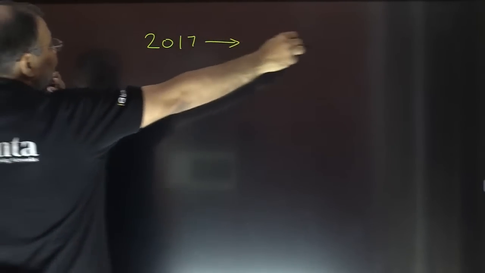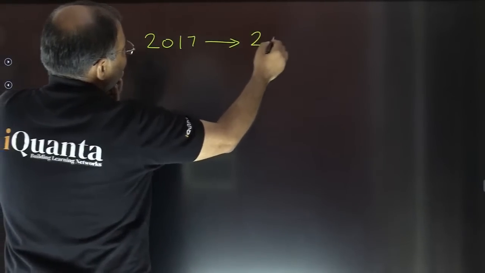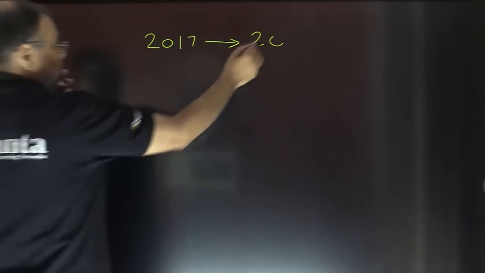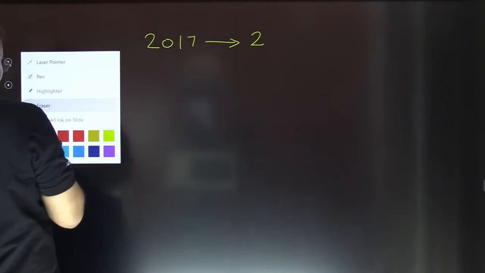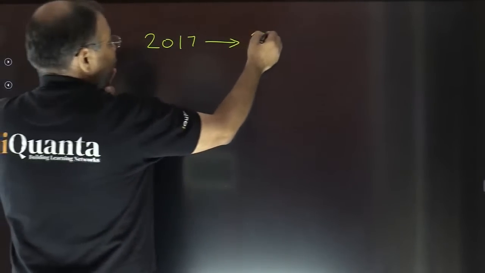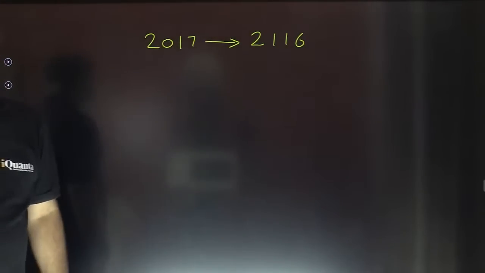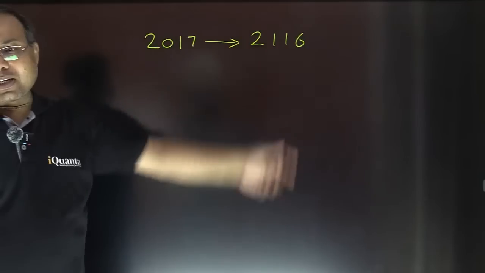2017 से लेकर कहां तक पूछे भाई, 2116 तक. There are 100 numbers, fine. From 2017 to 2116.